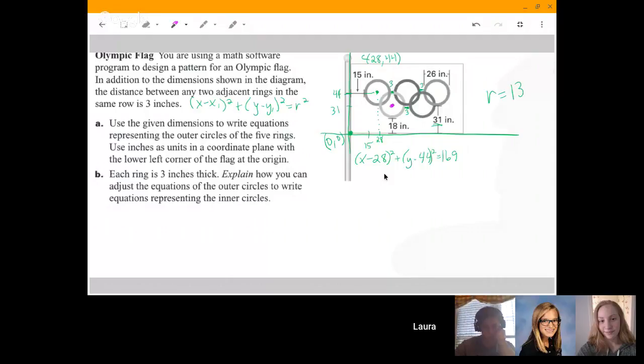So that was 28, the top one. And then if we kept going, that would be 13 more.